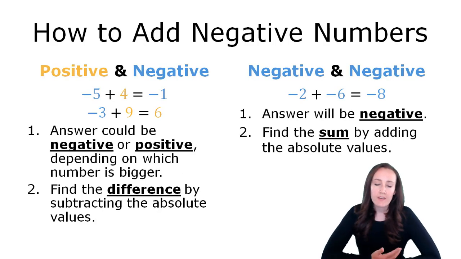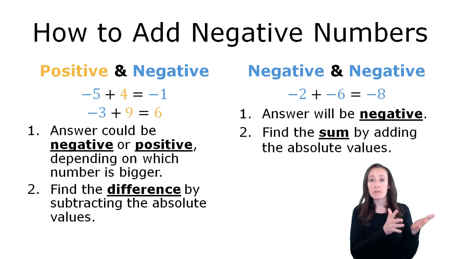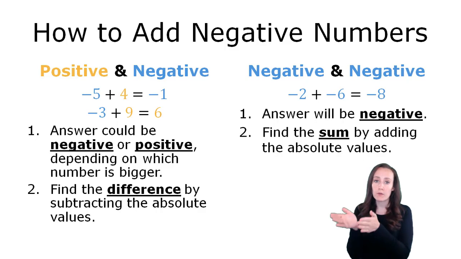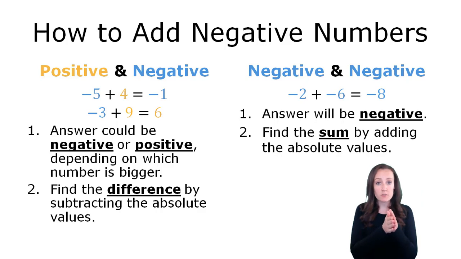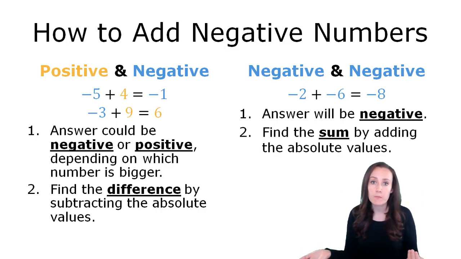So when you're adding negative numbers, the big thing to pay attention to is the fact that adding positive and negative numbers is a different process than adding two negative numbers together. Because a positive and a negative number are going to cancel each other out, versus two negatives are just going to become more negative.